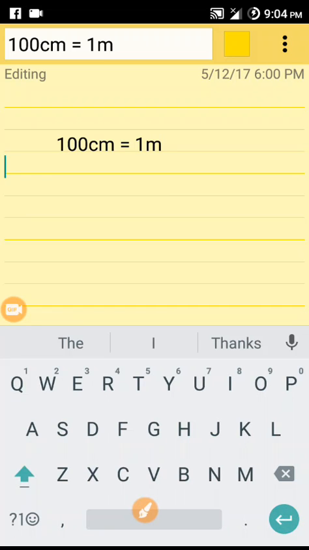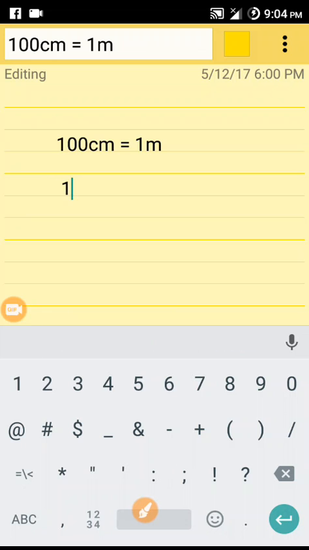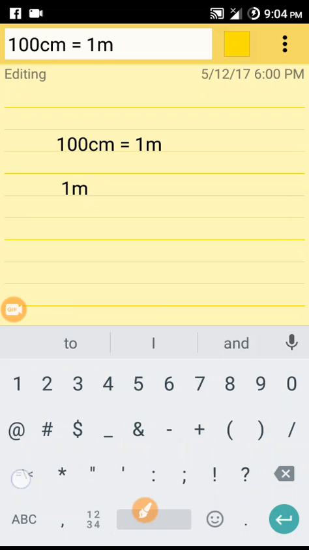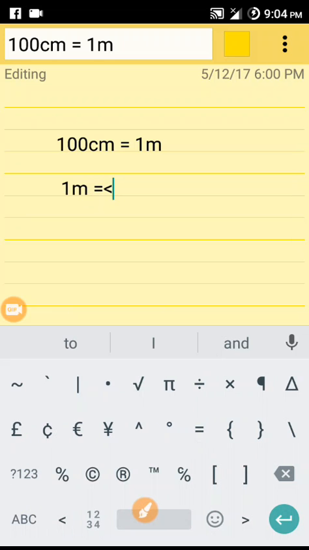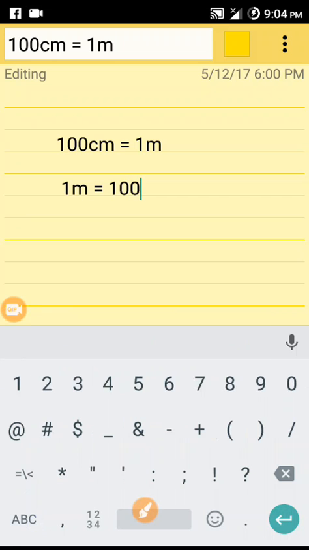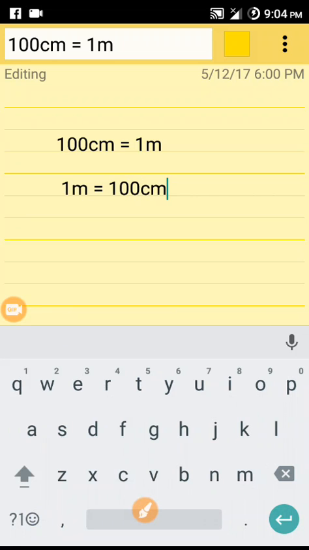It can also be that 1 meter equals 100 centimeters. So it's the same.